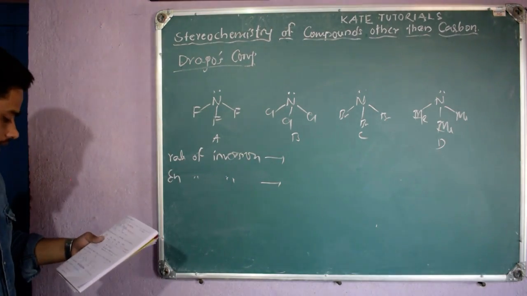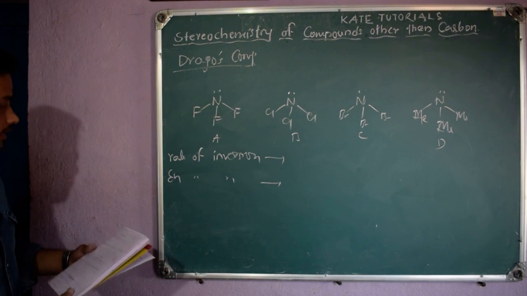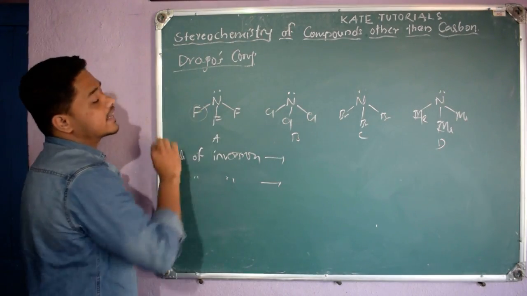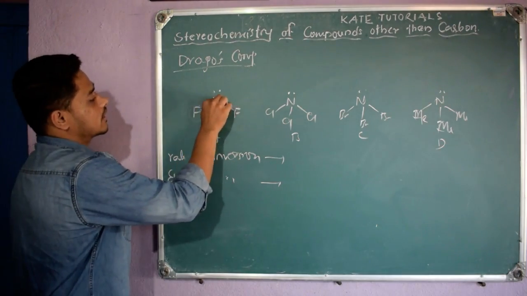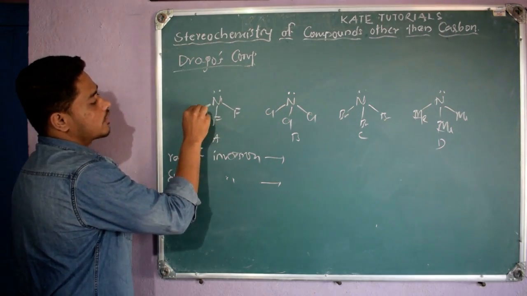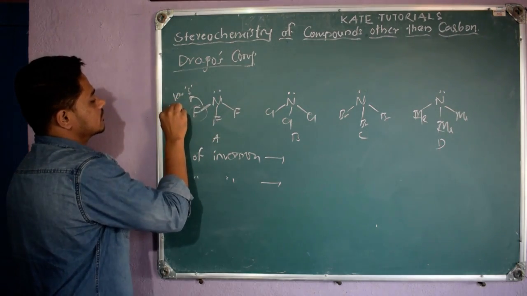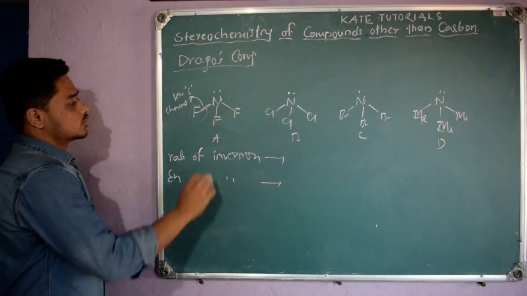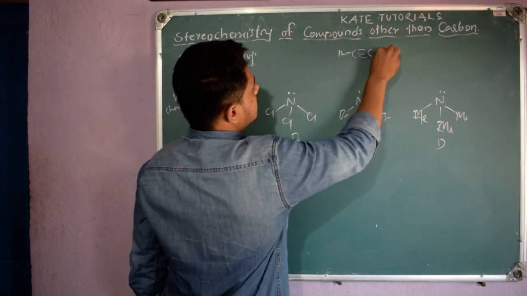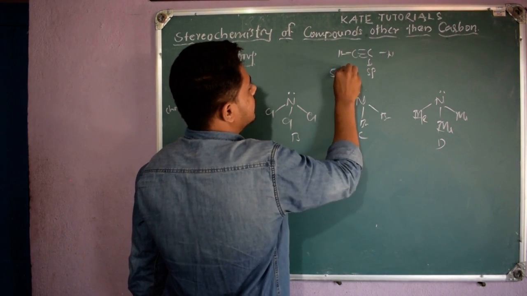And I think you have studied one concept in which whenever an electronegative atom is attached to the central atom, it will attach in such a way that this bond has less s character, right? So we know that in C triple bond CH, the s character is more because it is sp hybridized, s character is 50%.